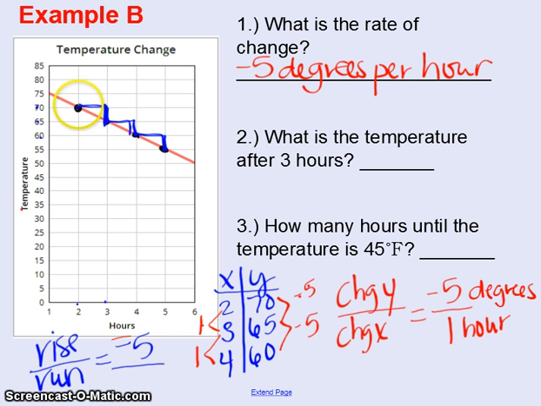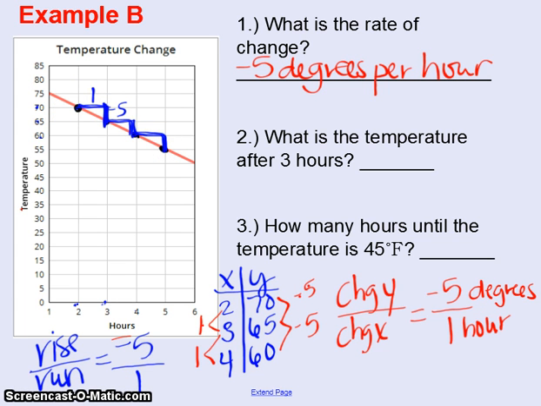And then my run, so how far I'm going over from 2 to 3 would be 1. So my rise is going from 70 to 65, and my run, I'm going from 1 hour to the very next hour. So I like my staircase again, that one's easier.